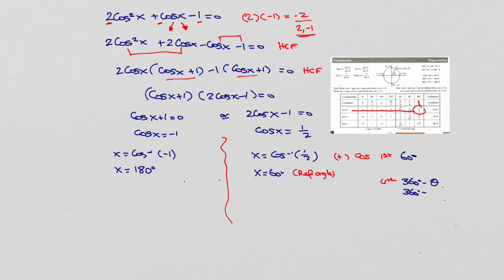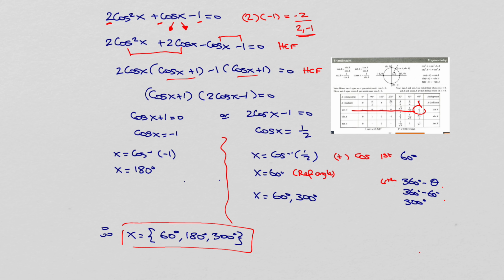So 360 minus 60 gives us an angle of 300. So therefore, the two possible solutions here for cos inverse of a half are 60 and 300. So therefore, overall, our solution set between 0 and 360 in increasing order of angle size is 60, 180, and 300 degrees.